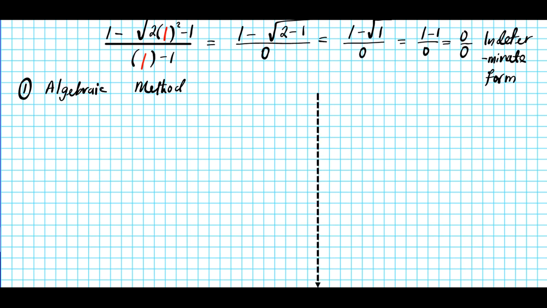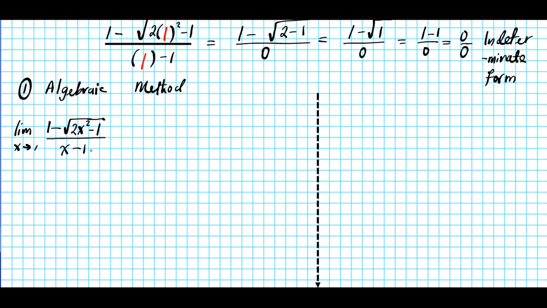So we have this limit that we're trying to evaluate right here. Limit as x approaches 1 of 1 minus the square root of 2x squared minus 1, divided by x minus 1. Now, when you have an indeterminate form and you want to use an algebraic method, you ask yourself, how can I rewrite this in such a way that I could eliminate that factor that's causing there to be a removable discontinuity?